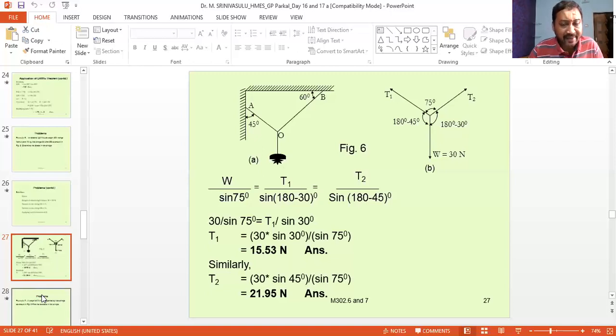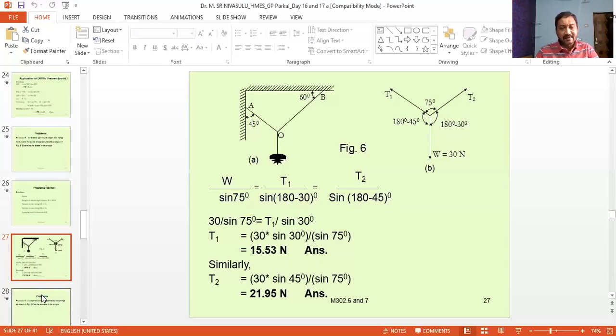Now the answer is: the tension in the string OA, T1, is equal to 15.53 newtons, and the tension in the string OB, T2, is equal to 21.95 newtons. So actually what is happening here is 30 newtons is hanging by the two strings. However, the angles made by the strings with the horizontal are different.